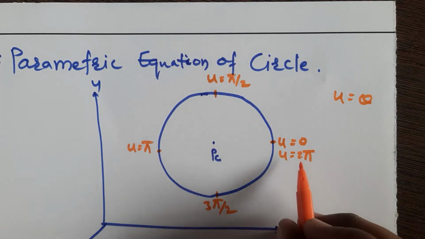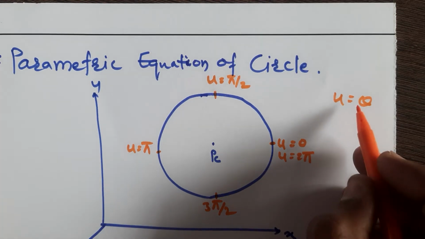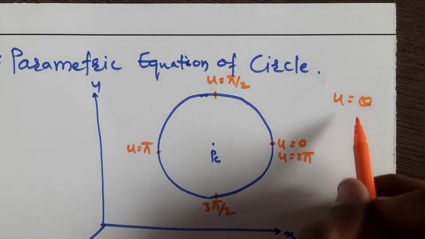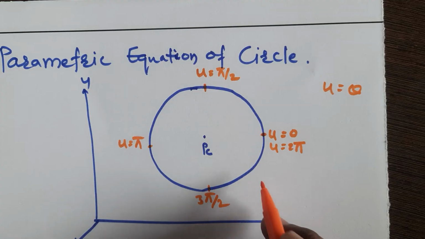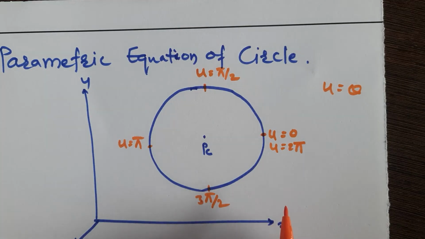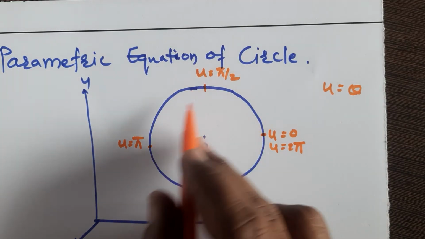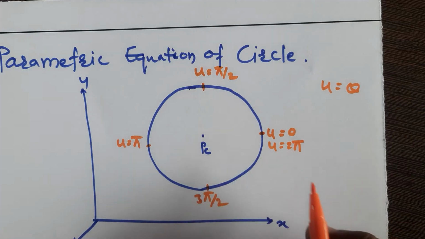This is nothing but the value of theta, or as we are writing u as a parameter, we will use u notation for theta. So these are the four locations of u. We are familiar with this: 0, pi by 2, pi, 3 pi by 2, and 2 pi. Now we want to find the parametric equation.